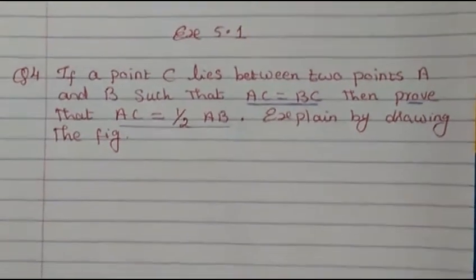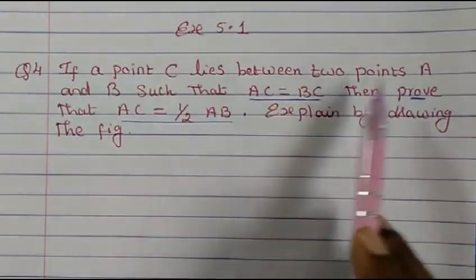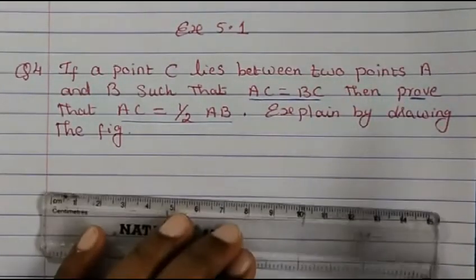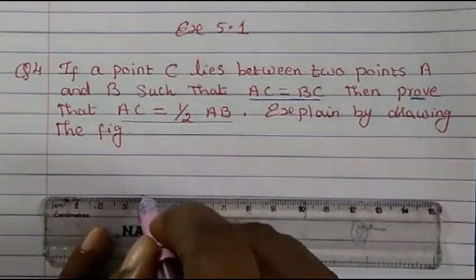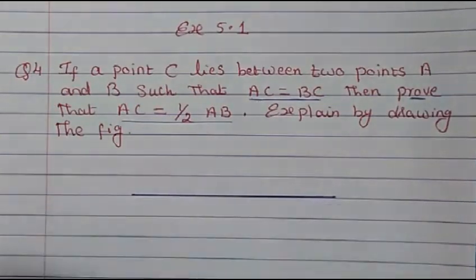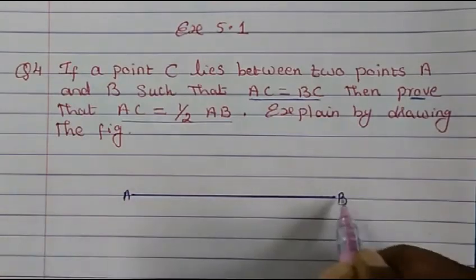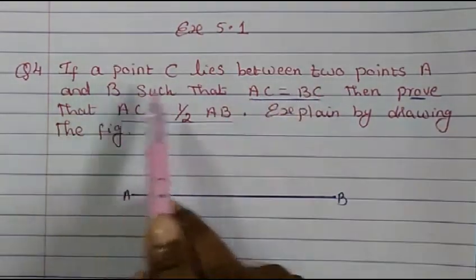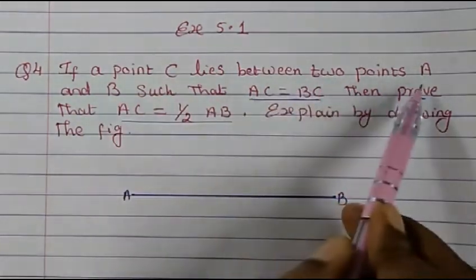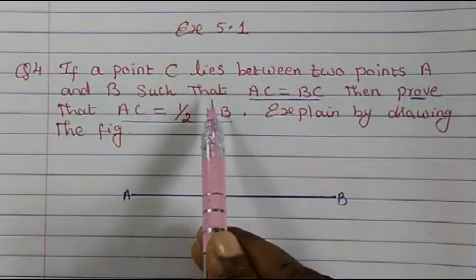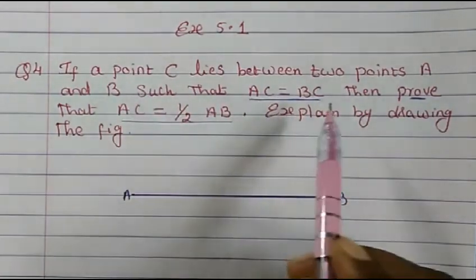So let's consider there are 2 points A and B. We have 2 points A and B such that AC is equal to BC.